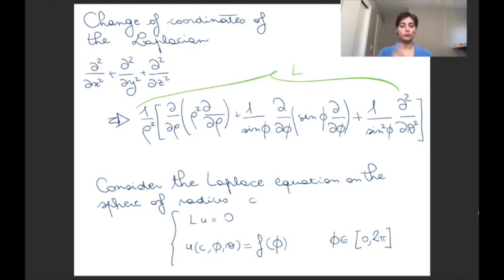So for rho equal to C, we have that U, that now is U computed at rho equal to C, psi and theta, and we are setting this as a function of psi. So theta, that is where you are in the projection in the xy plane, doesn't matter. And psi goes from 0 to 2 pi.